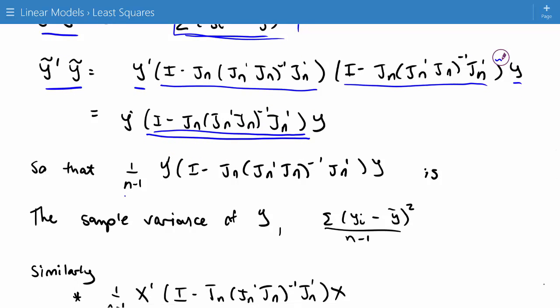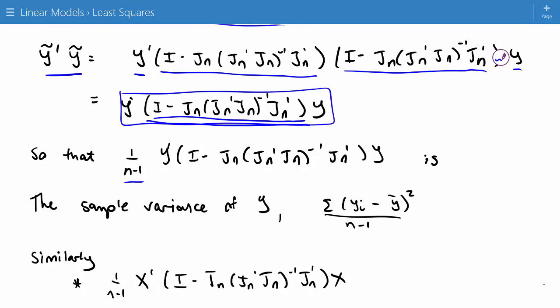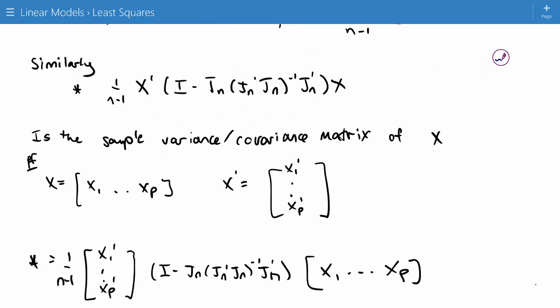So if we were to pre-multiply by 1 over n minus 1, we see that the sample variance is y tilde transpose y tilde, or this matrix then again times 1 over n minus 1 out front. We can do the same thing with the X matrix.